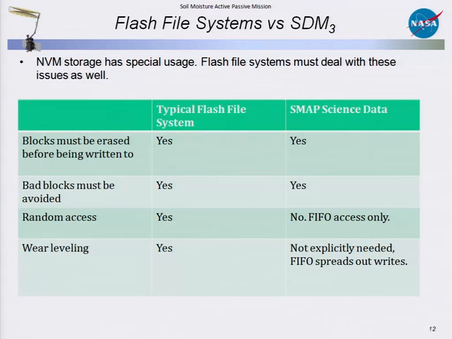So a file system would want to spread out the writes across the media so that it's relatively level, and overall you get more life out of your hardware. Now, in our case, because it's a FIFO, we're marching around in a circle. We're not writing to the same region over and over again. So we deal with wear leveling automatically because it is a FIFO. Our reads and writes are going to be very even.